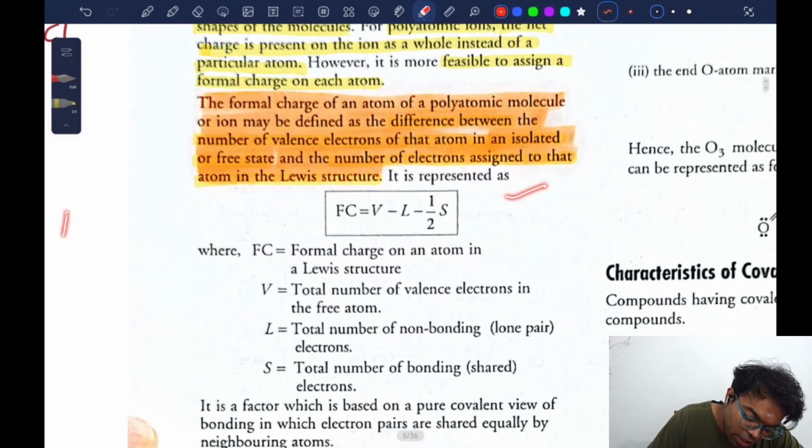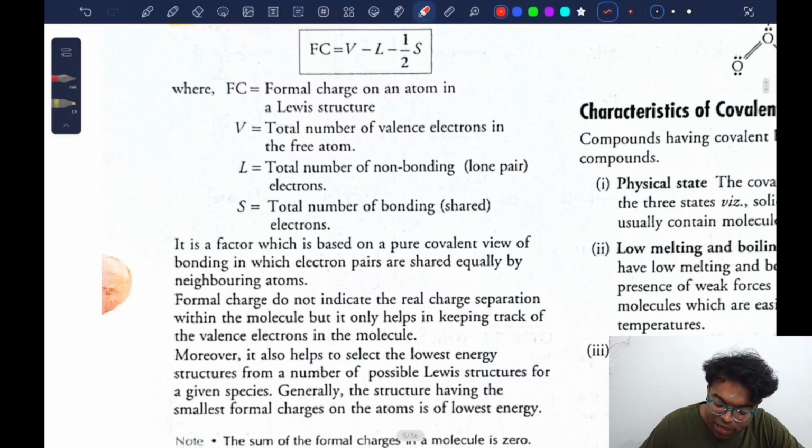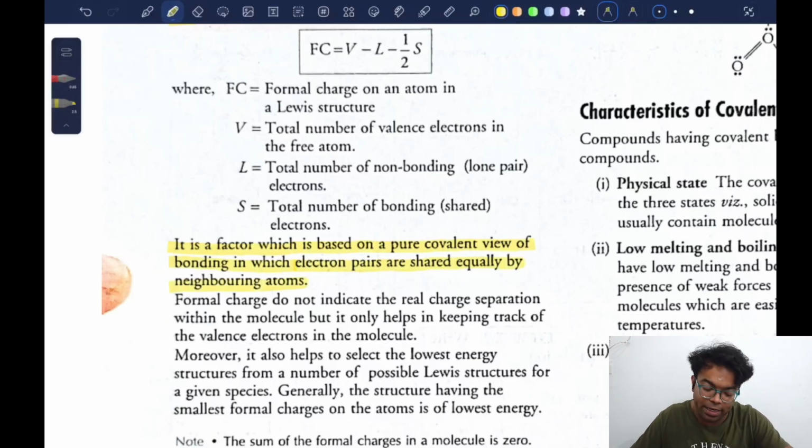Formal charge is equal to valence electrons minus lone pair electrons minus half of S, the shared pair of electrons. It is a concept based on a pure covalent view of bonding, in which the electron pairs are shared equally by the neighboring atoms.